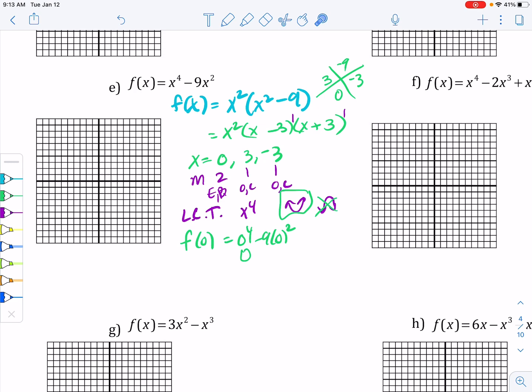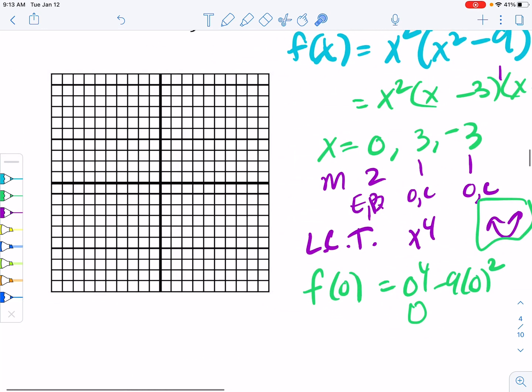Okay? So now if I put this information on my graph, we have our x-intercept at 0, and it is bouncing, an x-intercept at 3 and negative 3. And both of those are crossing. We have that our end behavior is touching down with up, up, and this is our y-intercept that's the same spot as our x-intercept. So I'm going to come from the top left.